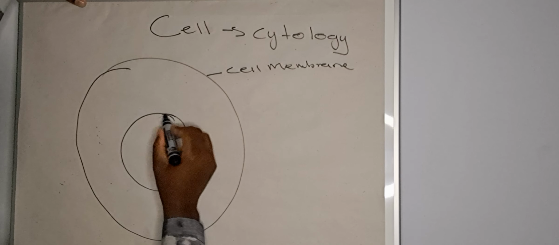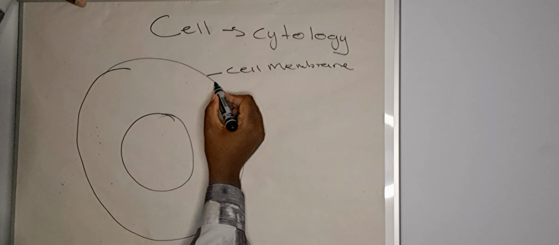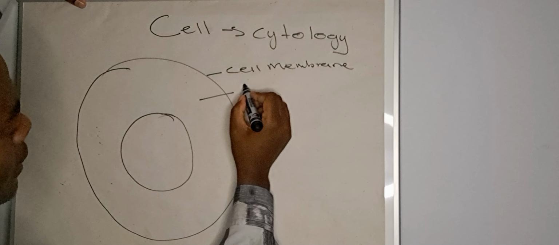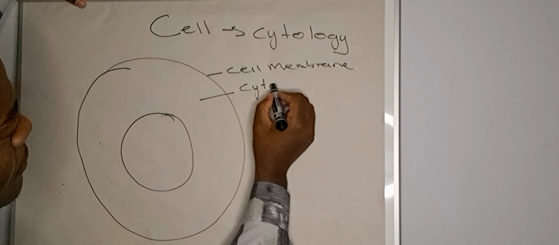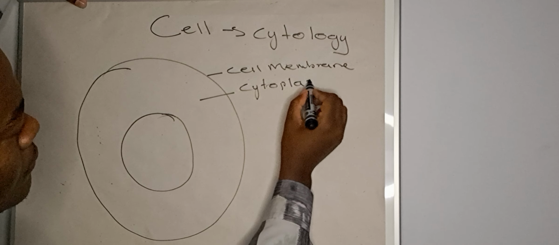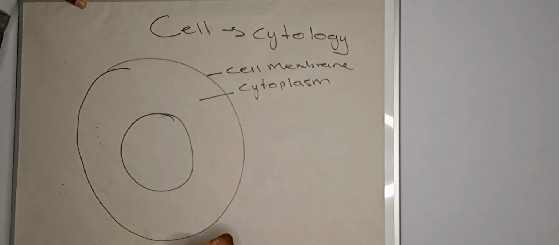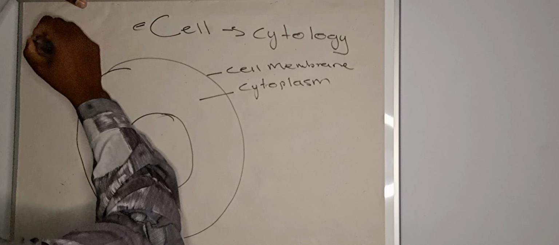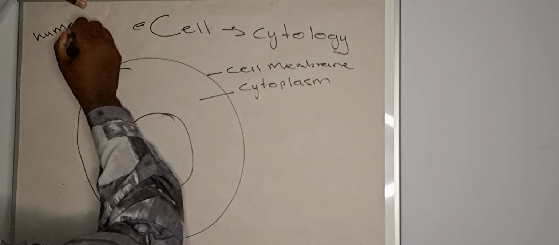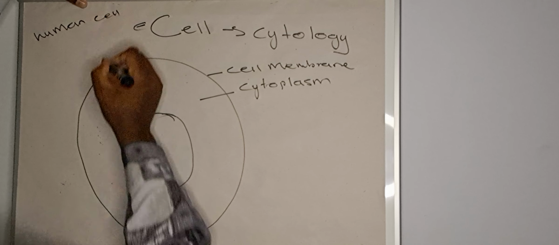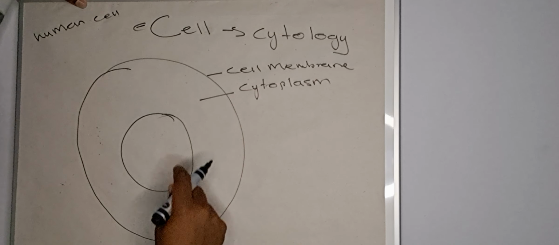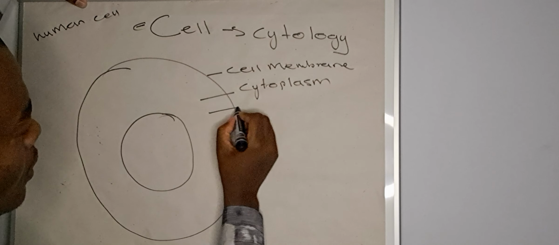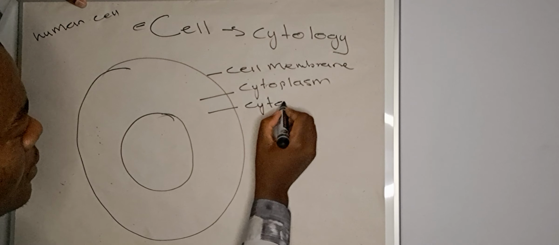Between a nuclear membrane and a cell membrane, there is what we call cytoplasm. By the way, this is an animal cell. We can say human cell also. And then within the cytoplasm, we find what we call a cytosol.